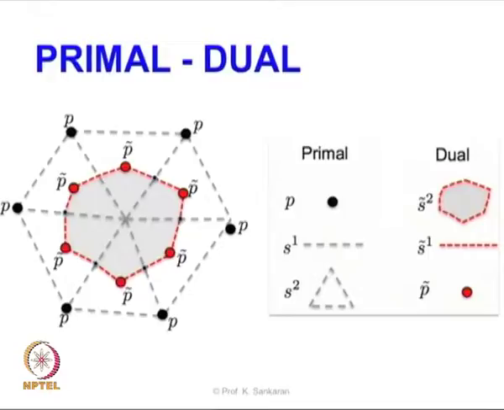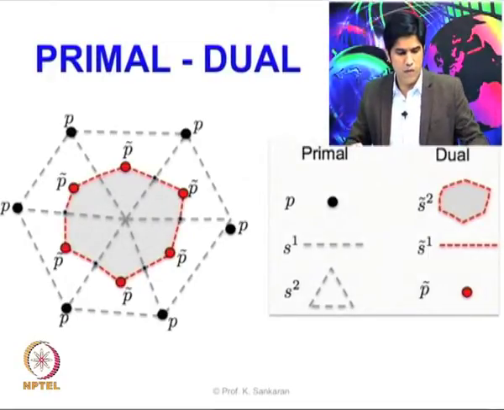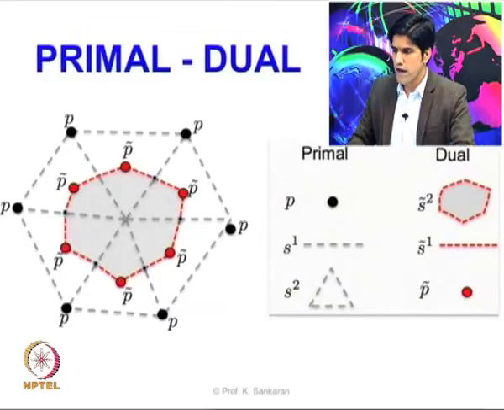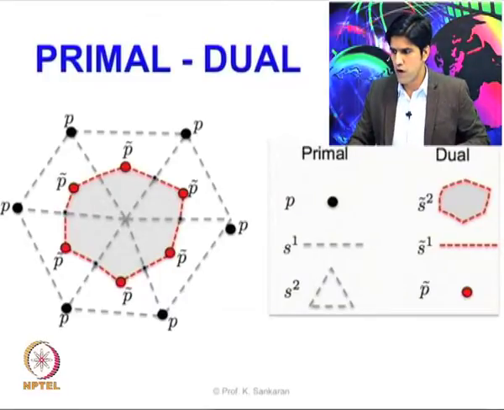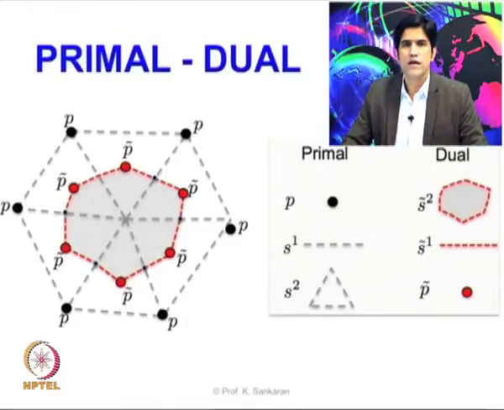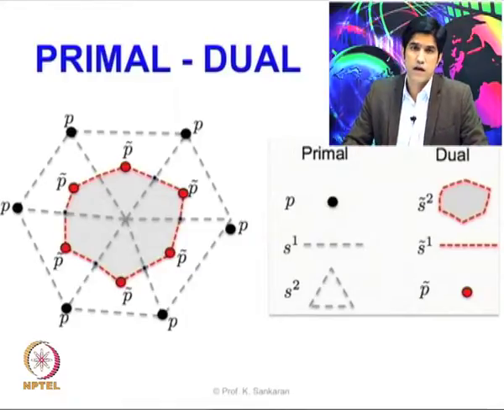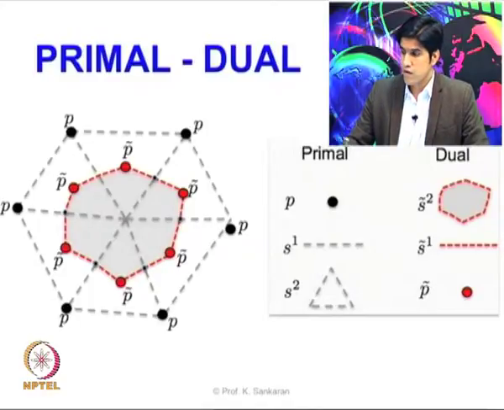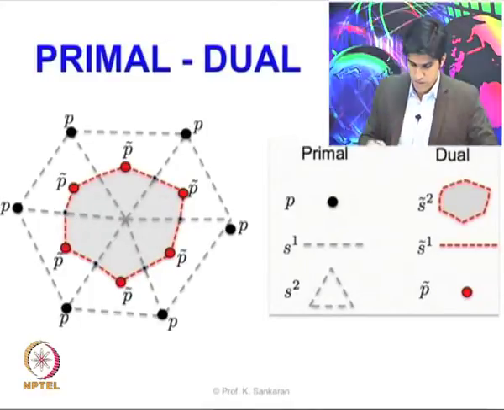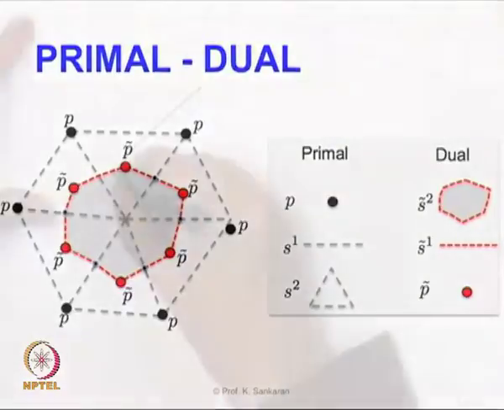The primal and dual complex are the 2 types of oriented complexes. If you say my orientations are within the object, in other words inner orientation, I call it primal.